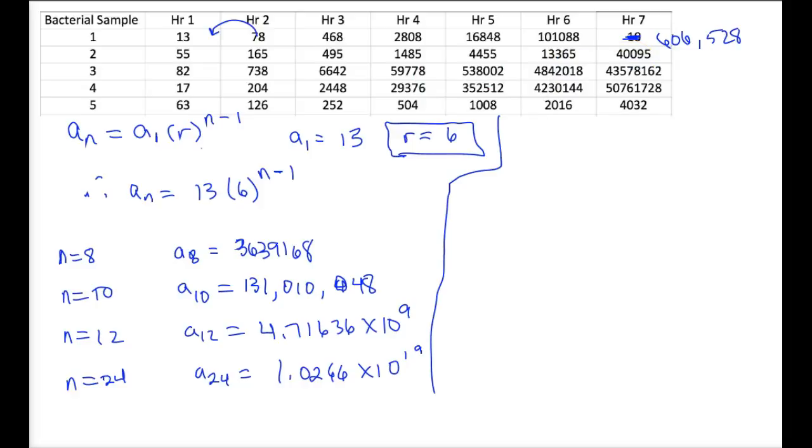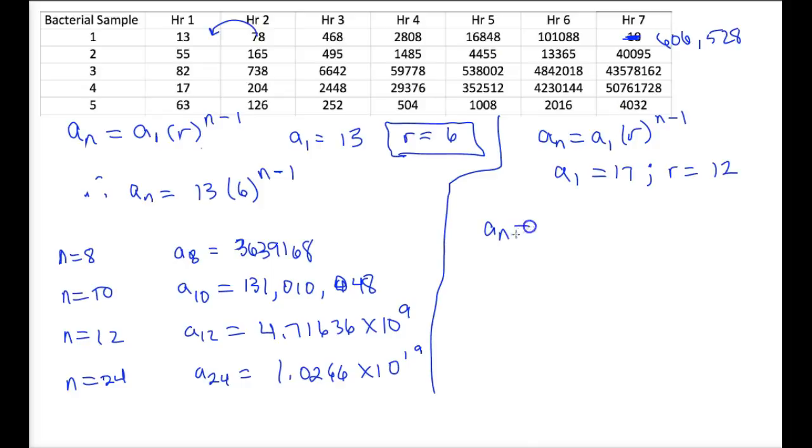So because of that, we can come here with our formula. A sub n is a sub 1 times r raised to the n minus 1, where the a sub 1 in this case, of course, is the first term in the sequence, would be 17. And the r now, which is the common ratio, would be 12.